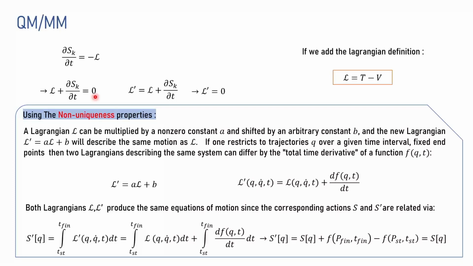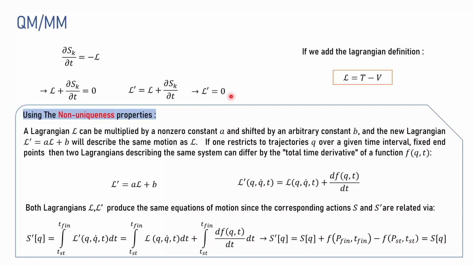Then we change the Lagrangian to another new, equivalent Lagrangian, L prime, where L prime equals L plus partial Sk over partial t, so we will have L prime equals 0.